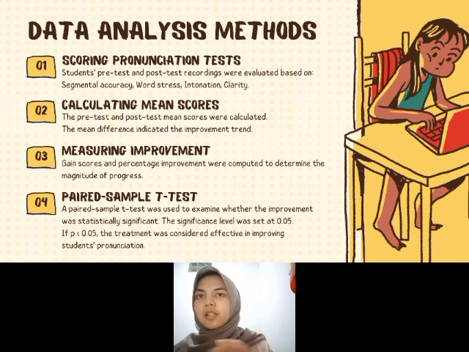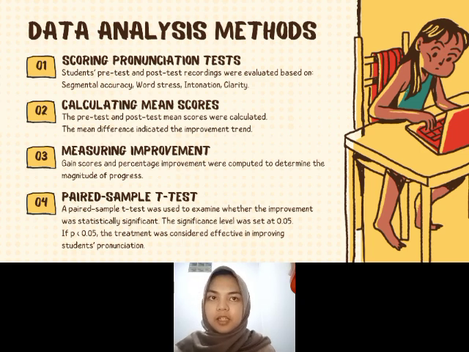And the last, a paired sample t-test was used to examine whether the improvement was statistically significant. The significance level was 0.05. Treatment was considered effective in improving students' pronunciation and affecting it positively.